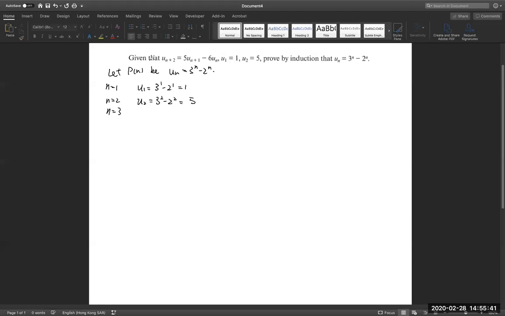Because you haven't used the recurrence relation. So by using the recurrence relation, u3 is 5 times u2, plus 6 times u1. Oh, sorry, minus 6 times u1. That gives 19, and that's equal to 3 to the power 3 minus 2 to the power 3.